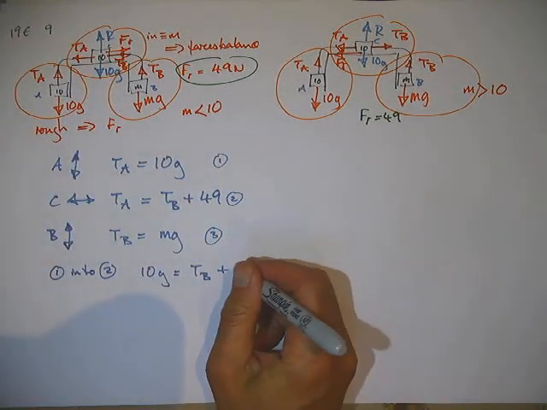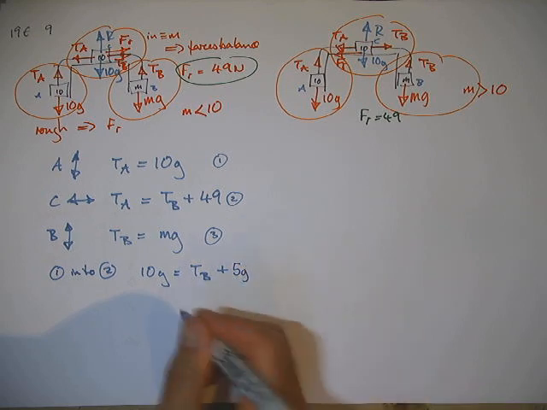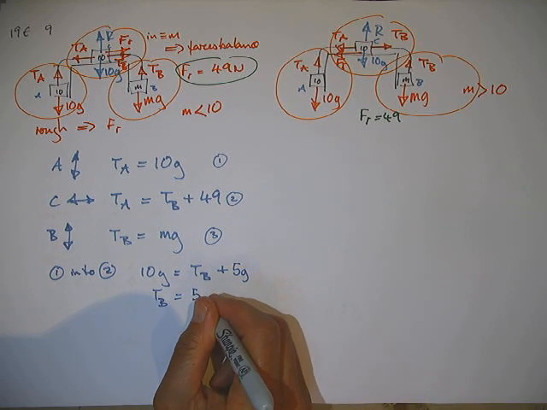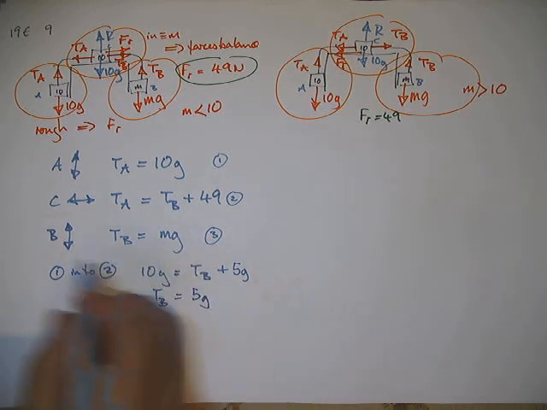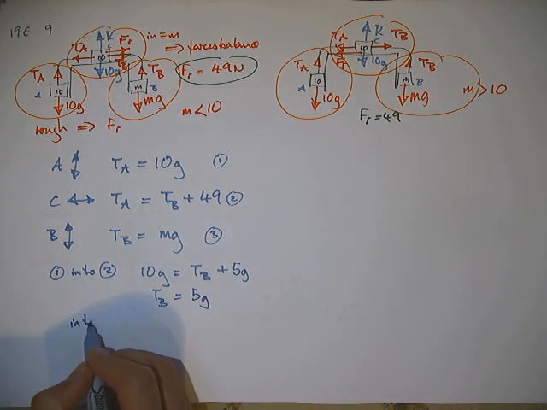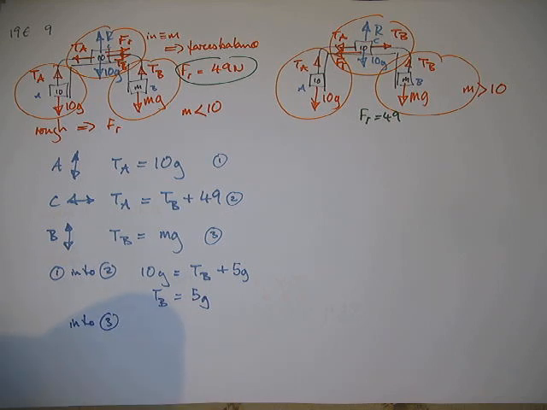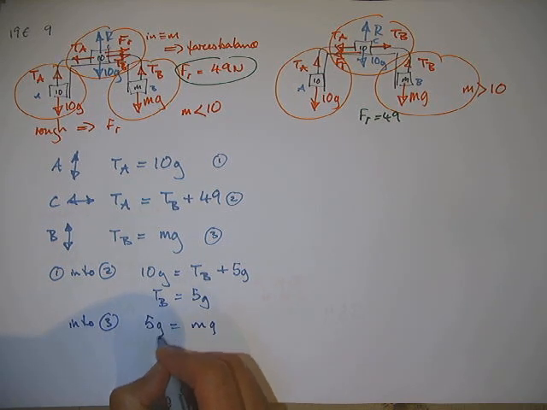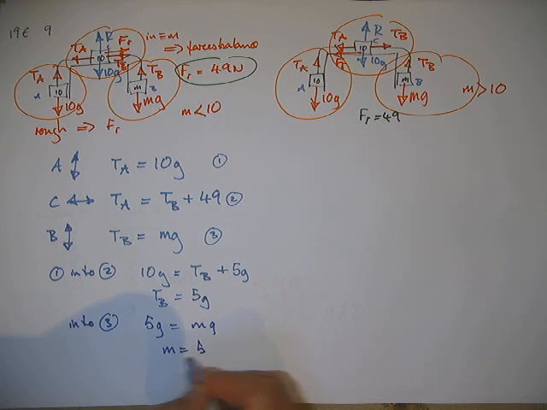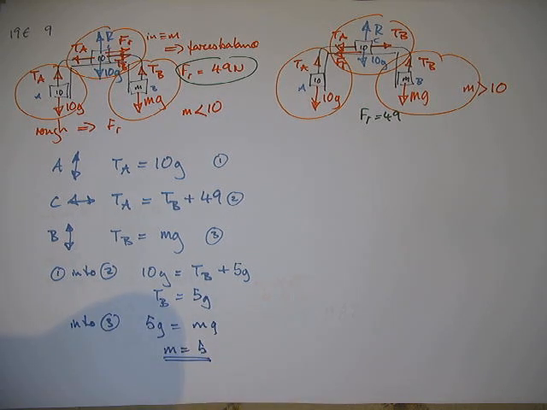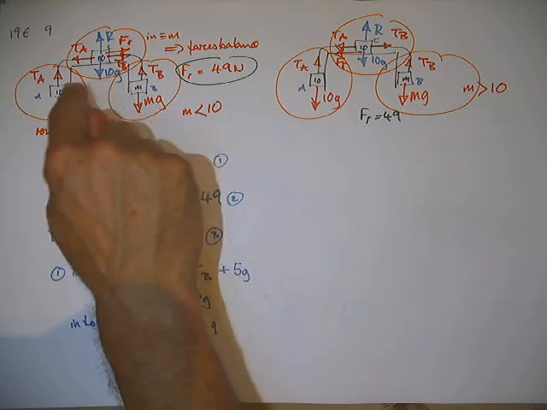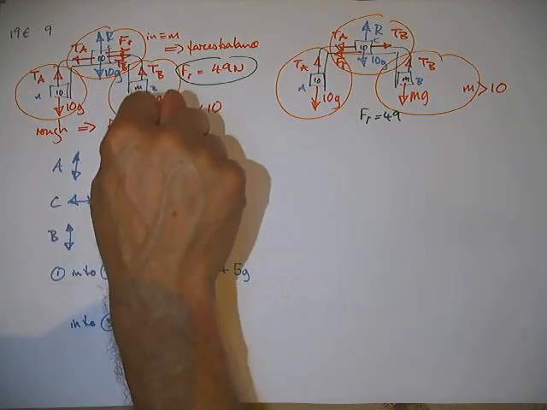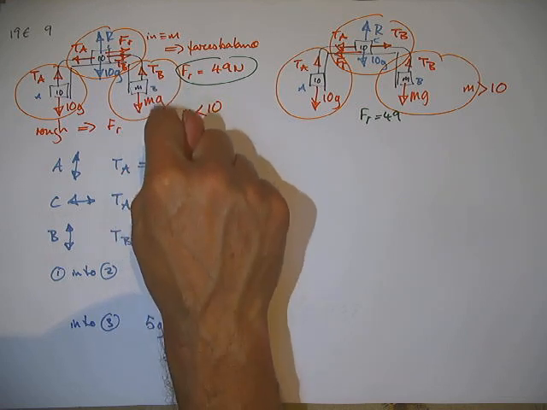So that 49 happens to be the same as 5g, which means that TB is 5g, which I put into 3. That means mg is 5g, m is 5. If this is the bigger of the two masses and it's just on the point of sliding, that's 5.